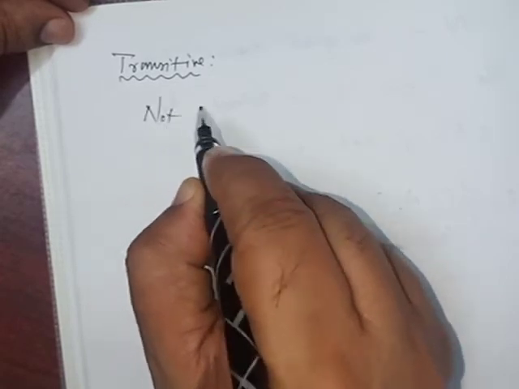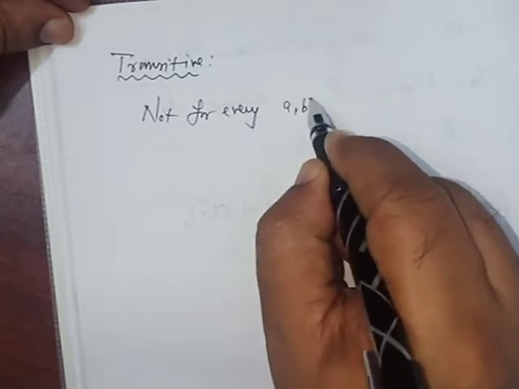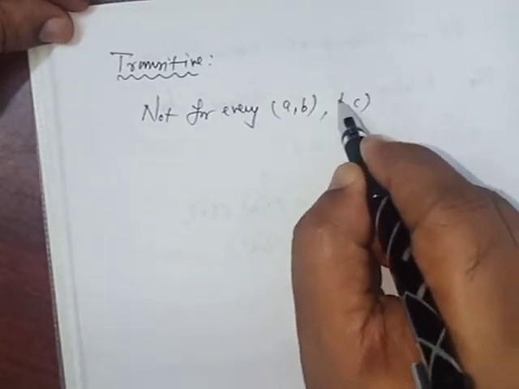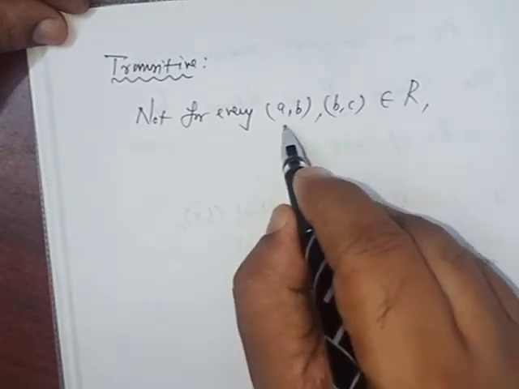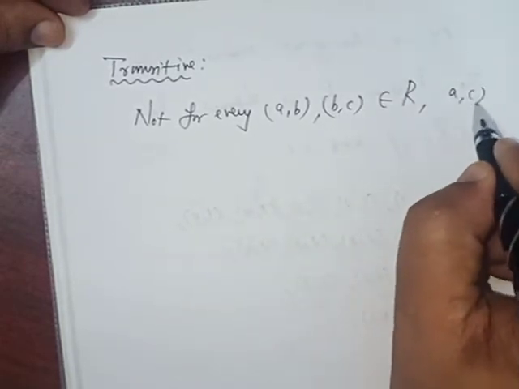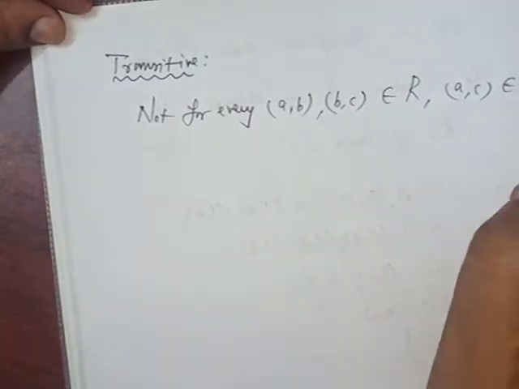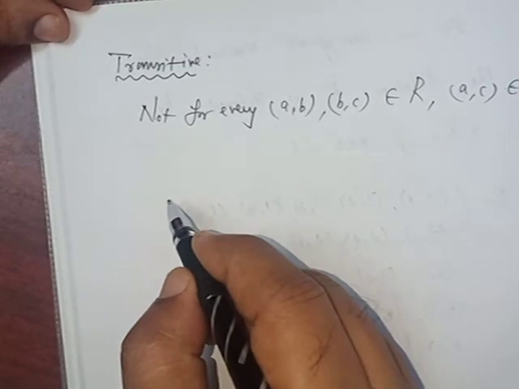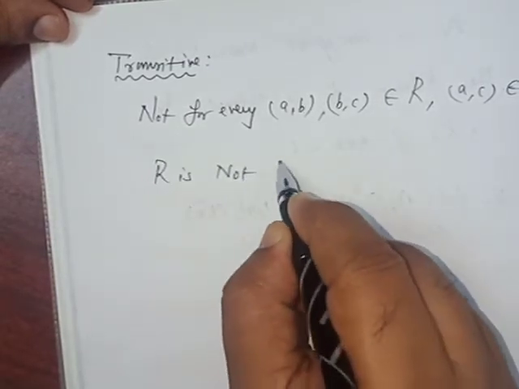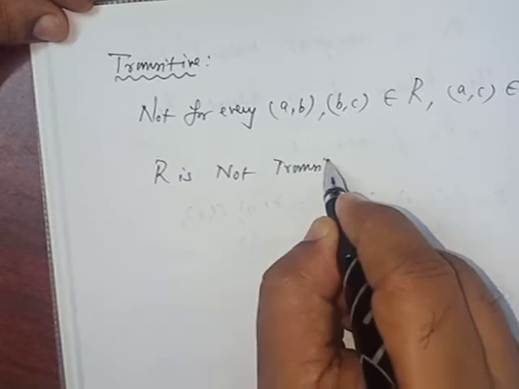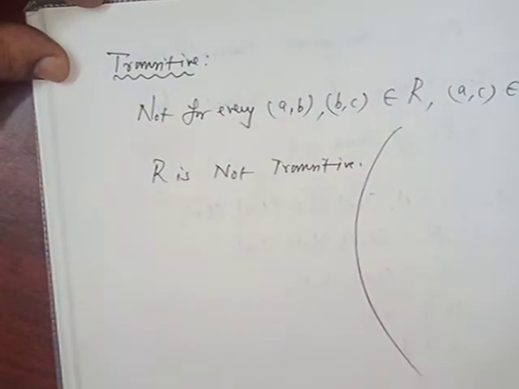Transitive: for every a comma b, b comma c belong to R, b is common, a comma c belongs to R. Not for every; I give an example, you can understand. Here R is not transitive.